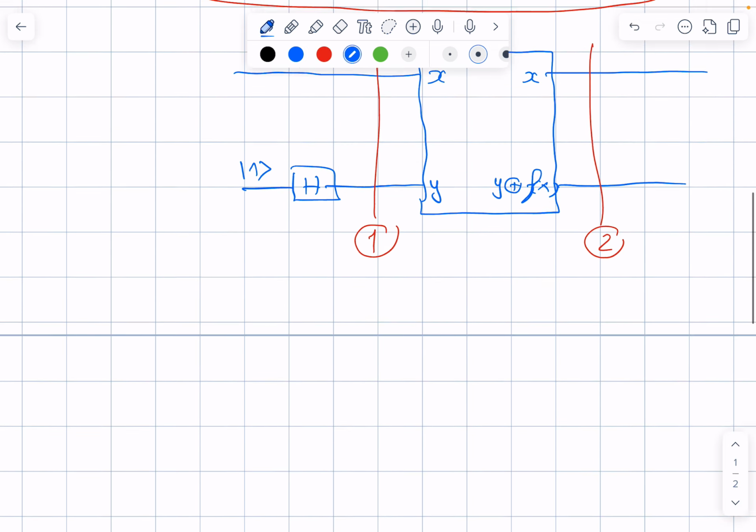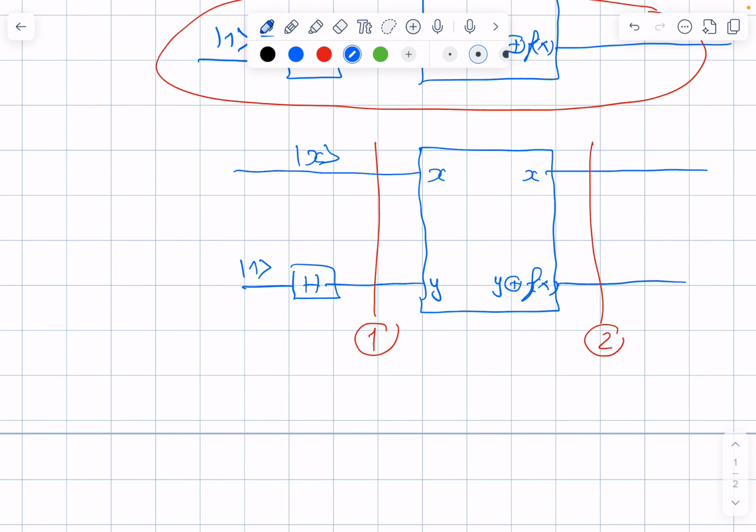So what do we have at section 1? We know that when parallel lines are entering a quantum circuit, it means they are in tensor product.